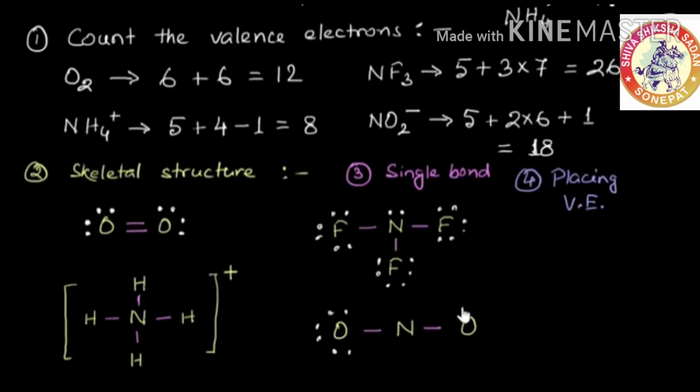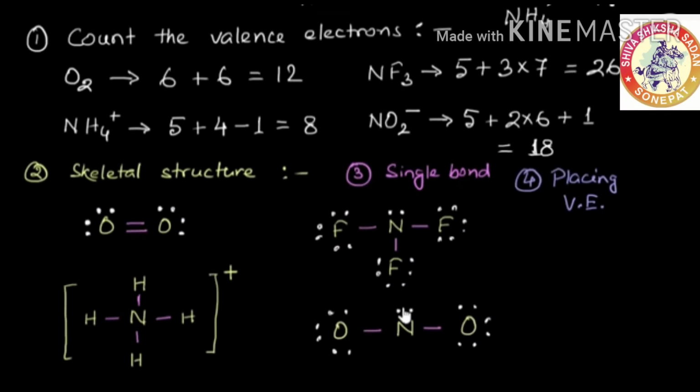Out of 14 electrons, 6 electrons are present on one oxygen and 6 are present on the other oxygen. Now, of these 12 electrons, 4 are in bonds. Now 2 electrons are left, which are present on the nitrogen atom as a lone pair of electrons.